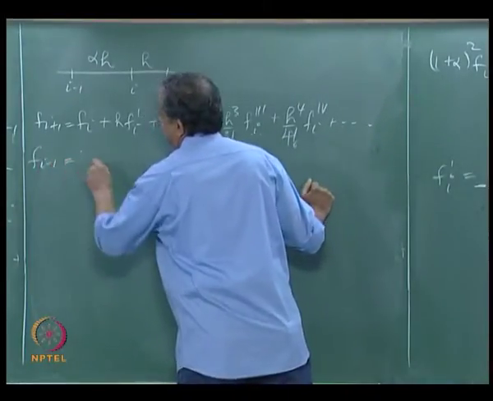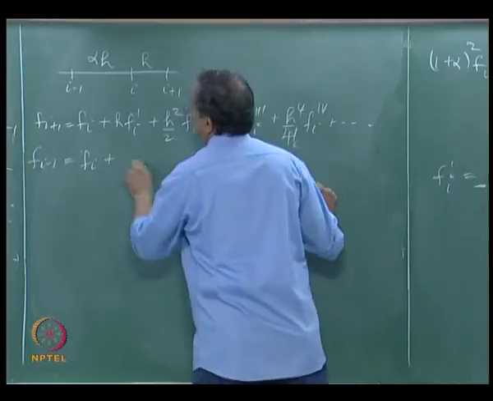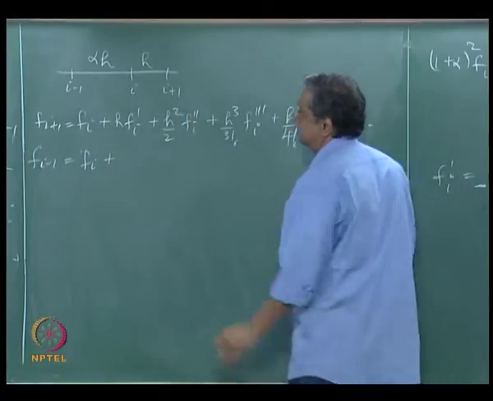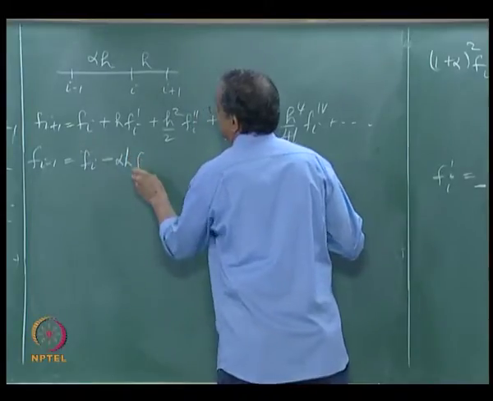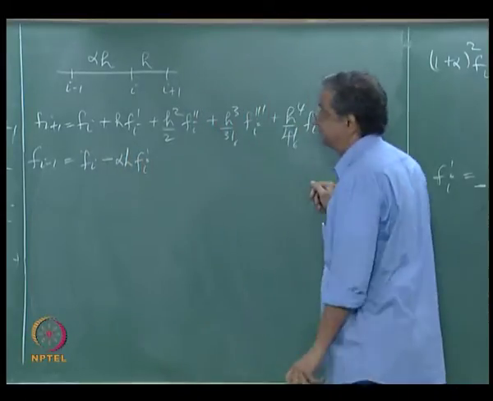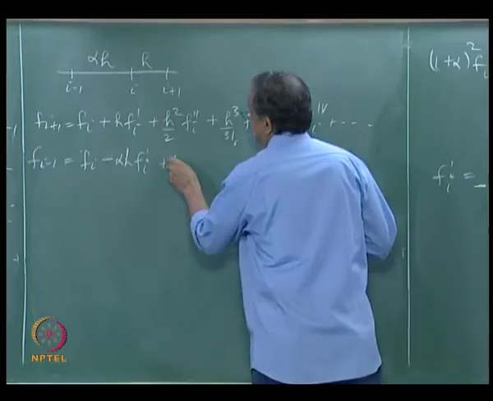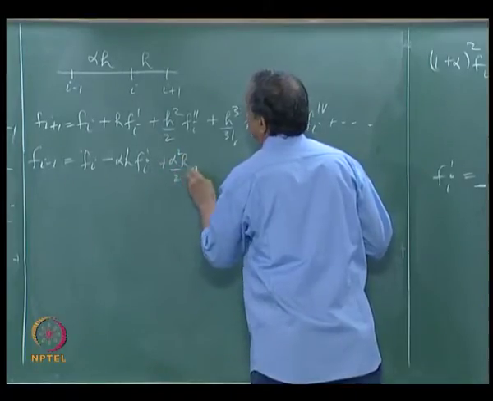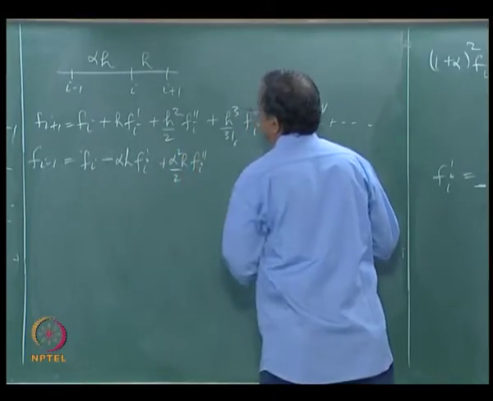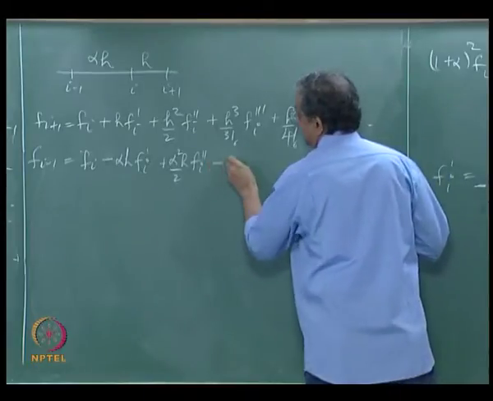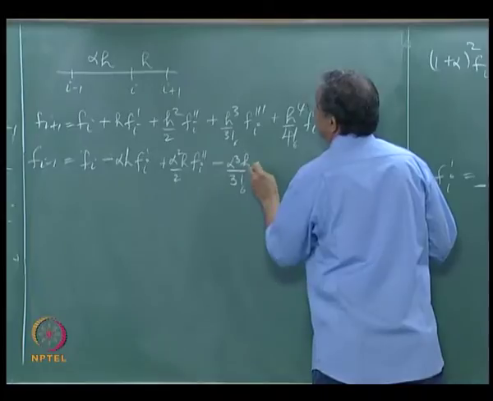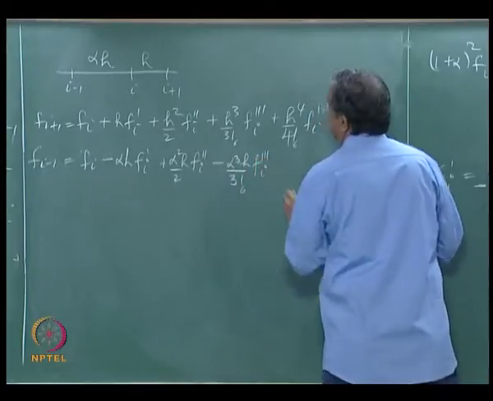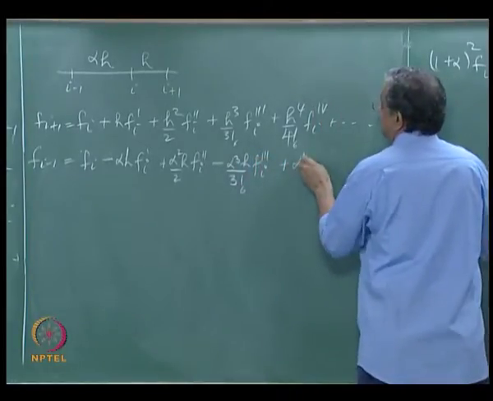f at i minus 1 is f at i minus alpha h f prime at i plus alpha squared h squared by 2 f double prime at i minus alpha cubed h cubed by 3 factorial f triple prime at i plus alpha to the fourth h to the fourth by 4 factorial fourth derivative at i, and so on.